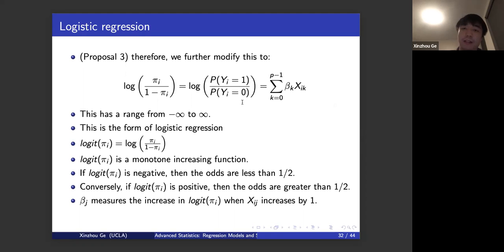If beta k is positive and we have a larger xik, then the right part will be larger and the probability will be larger, and the person will have a larger probability to vote yes. So that's the intuition for this formula.